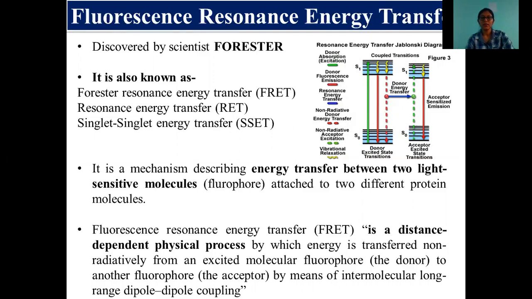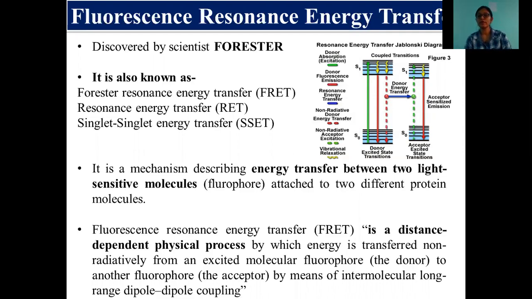Now we'll see what is meant by fluorescence, what is meant by resonance, and what is meant by energy transfer. At the end you can fully understand what it means. First, fluorescence.